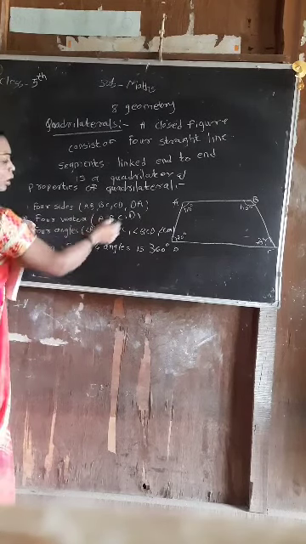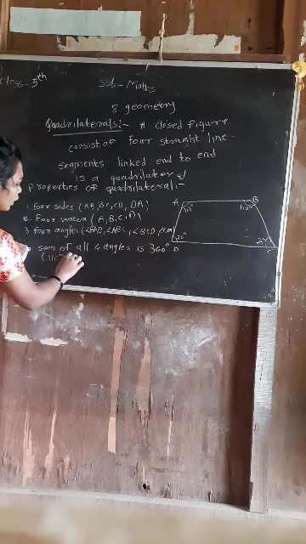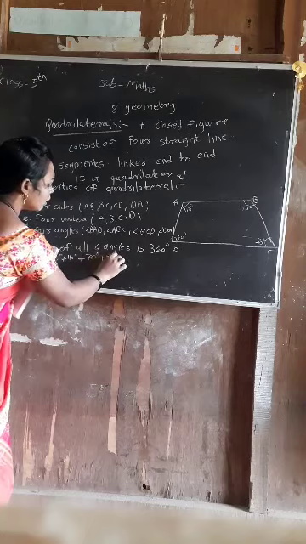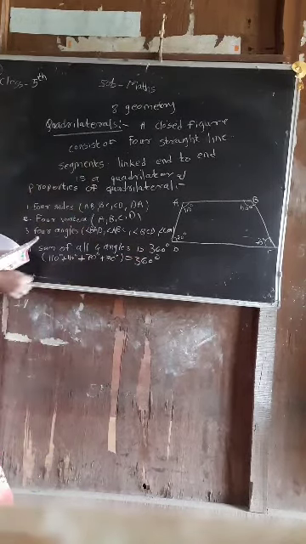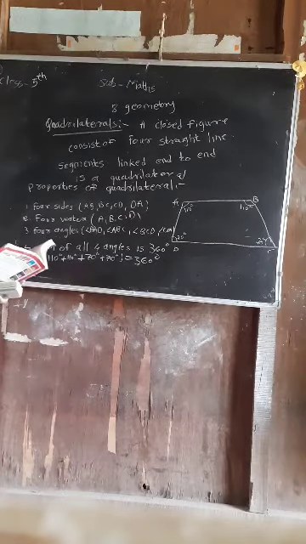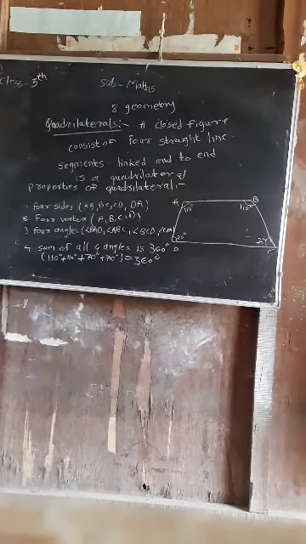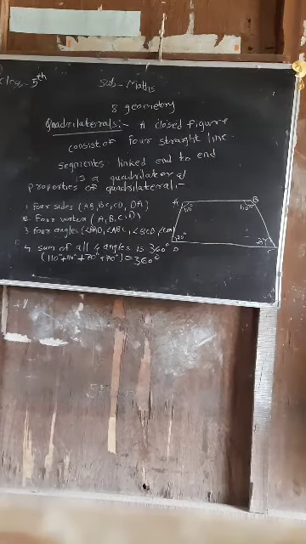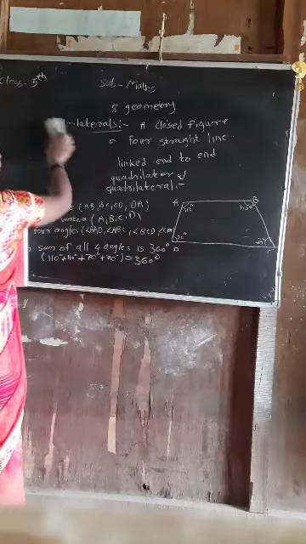That is, 110 degrees plus 110 degrees plus 70 degrees plus 70 degrees is equal to 360 degrees. These four properties are the properties of a quadrilateral. Then our next point is types of quadrilateral.